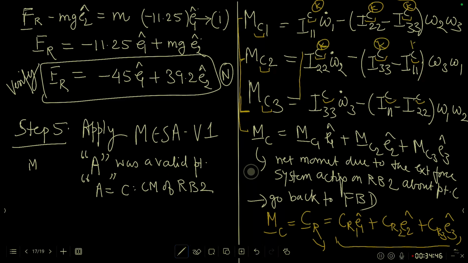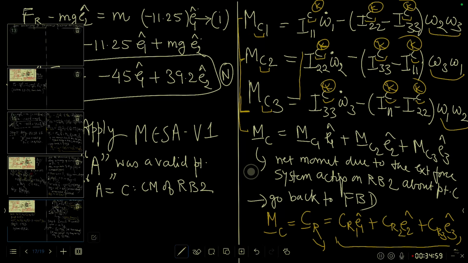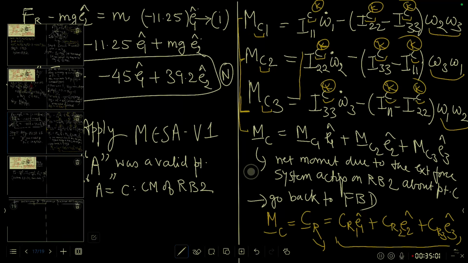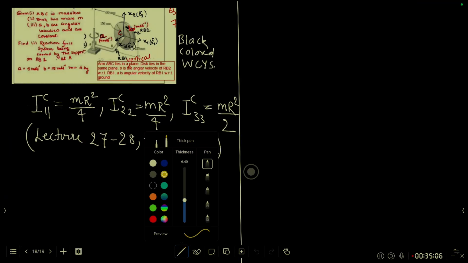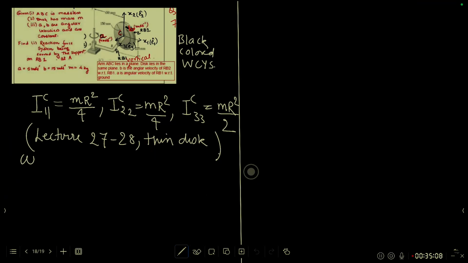These. What are those things? Those are the scalar components of the angular velocity of what with respect to what. That is important to understand. Omega mi, or rather I should directly write omega 2i, because that is the body of interest. You should be able to write this as this.